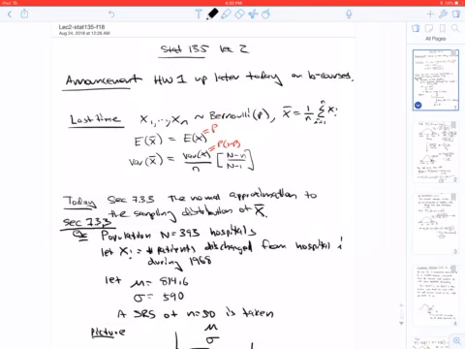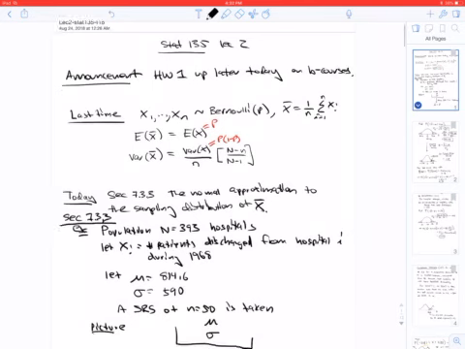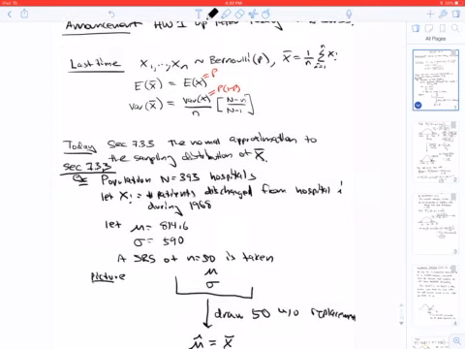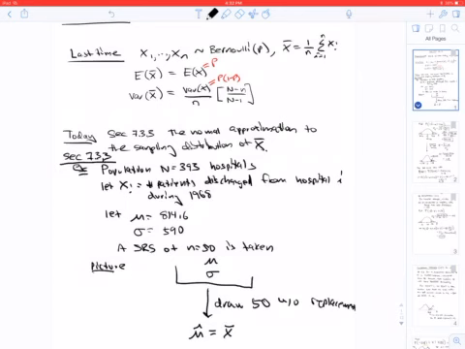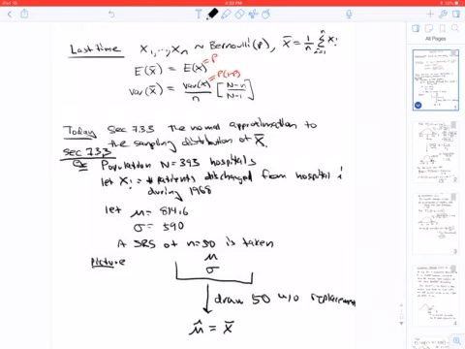Today we're going to attach ourselves to the book, section 7.3.3, the normal approximation to the sampling distribution of x bar. So we start off with an example. We have a population of size 393, and xi is the number of patients discharged from hospital i during 1968. So we have 393 tickets.